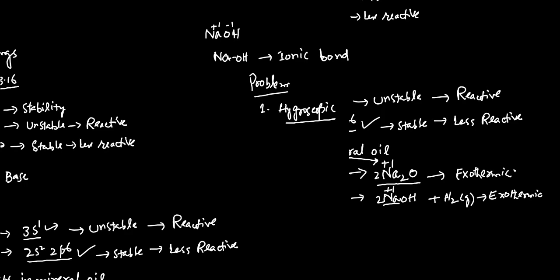And what makes it highly hygroscopic? The sodium and hydroxide ions, when they are in the presence of water, get attracted to the water molecules, because water is a polar molecule, and there are dipole interactions which stabilize these ions.